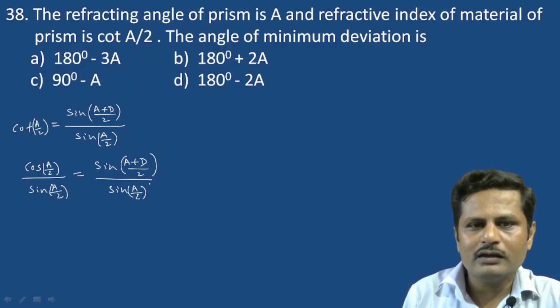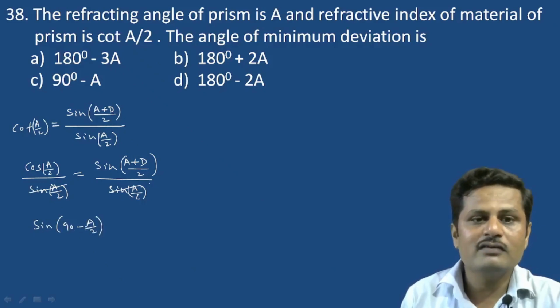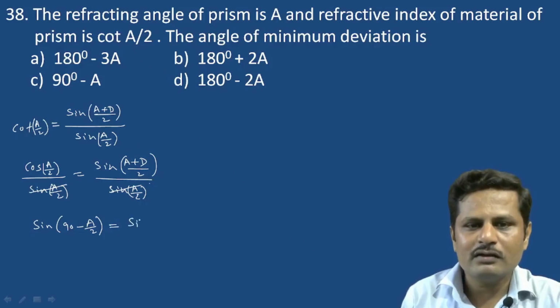So here sin A by 2 and sin A by 2 get cancelled. We'll get cos A by 2 equals sin of (A plus D) divided by 2. Cos A by 2 can be written as sin of (90 minus A by 2), because we know that cos theta equals sin (90 minus theta). This can be written as sin of (A plus D) divided by 2. Now this can be written like this: 90 minus A by 2 equals (A plus D) divided by 2.